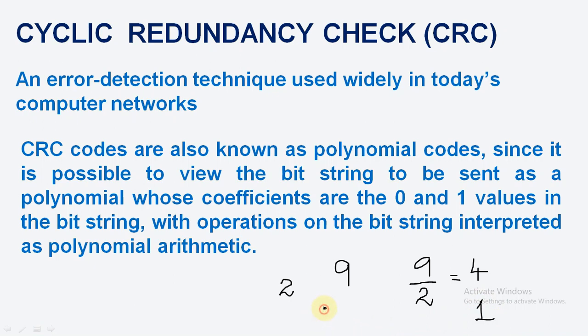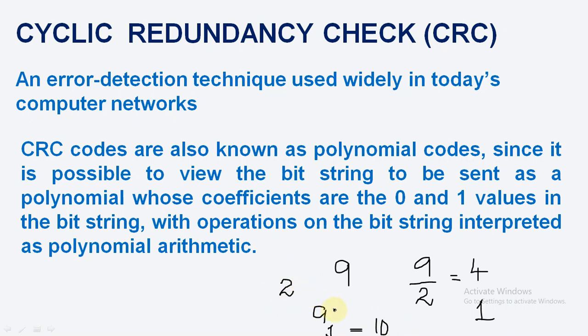Then the sender will add the remainder to the data, and it will become 10. Now 10 is sent to the receiver, and along with this 10, the generally agreed divisor will also be sent.